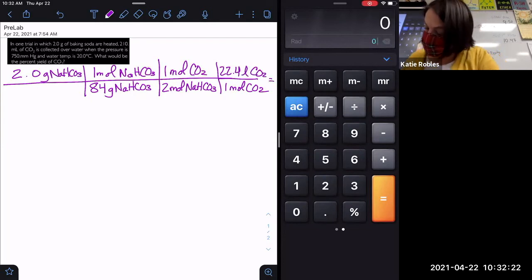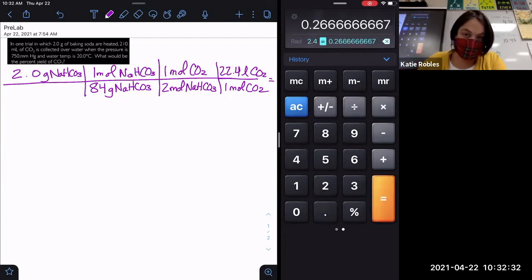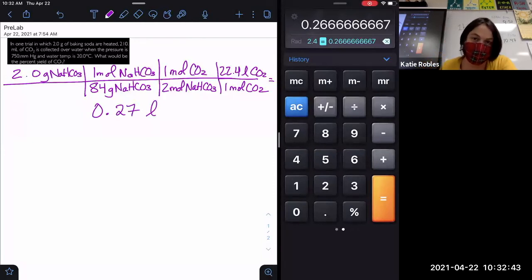So I put this into my calculator: 2 divided by 84, divided by 2, times 22.4. Voila. So I get a theoretical value of 0.27 liters. I tried to keep my sig figs intact. 2 sig figs, 2 sig figs.